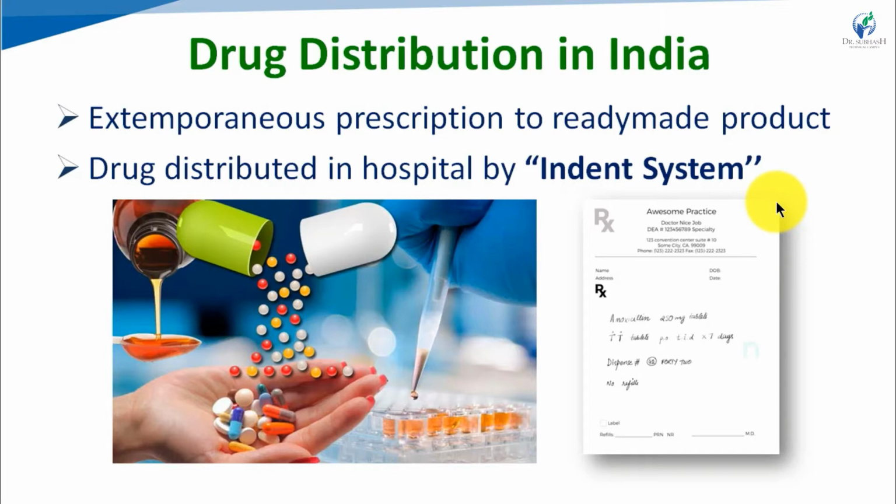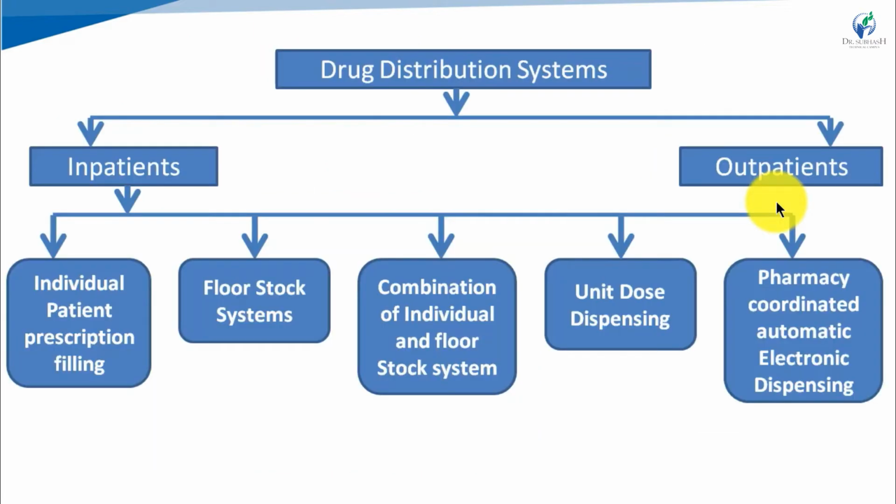Now we will consider the drug distribution system. This is the drug distribution system, which in any hospital is divided into inpatient and outpatient. मतलब inpatient के लिए अलग सिस्टम है, outpatient के लिए अलग है. Inpatient is again divided into individual patient prescription filling. That means we directly give the prescription to the patient, and the patient goes to the pharmacy store or drug store, and this is known as individual patient prescription filling.